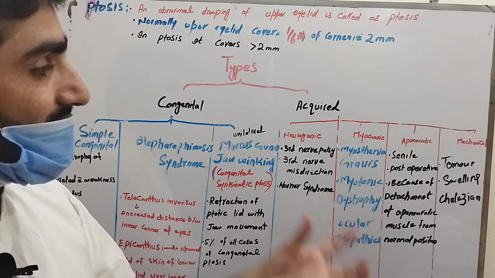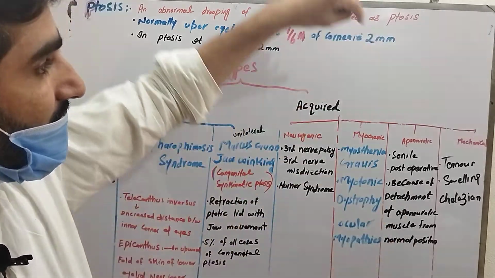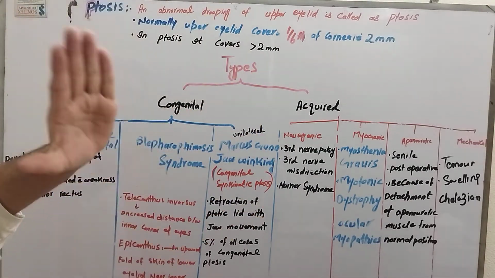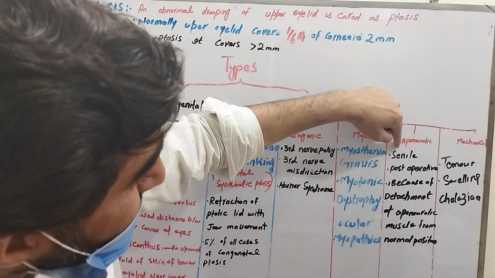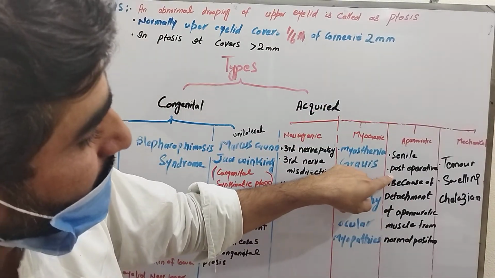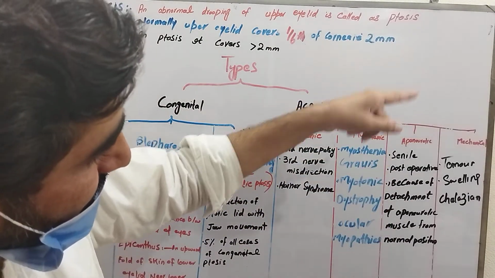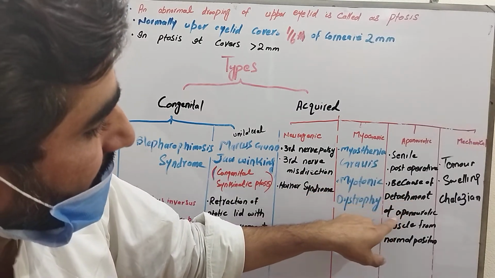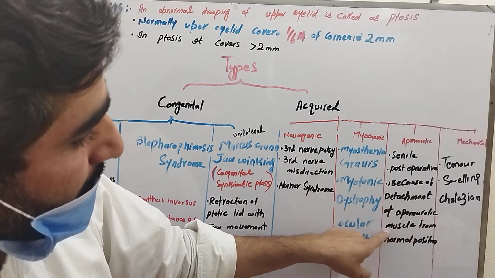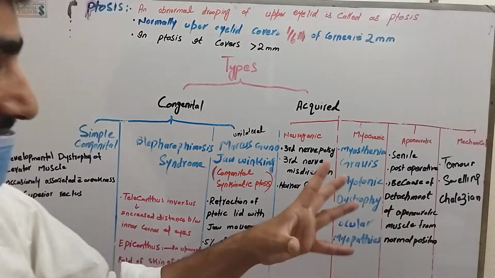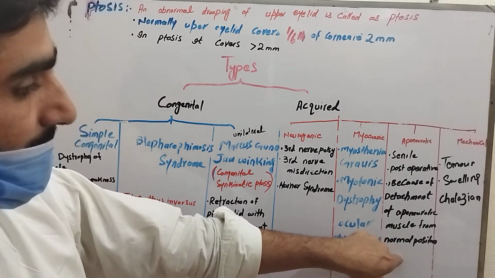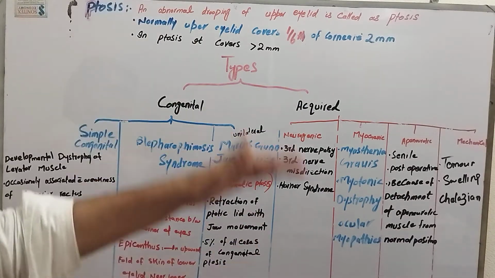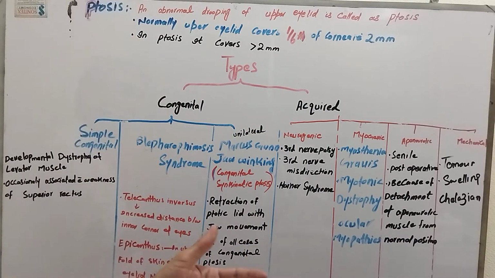It can also occur after surgery or trauma, because of detachment of the muscle from its normal position, and because of detachment the lid droops downward.